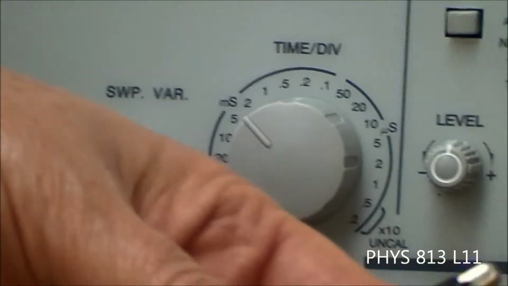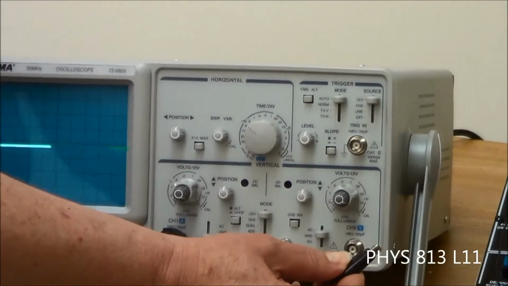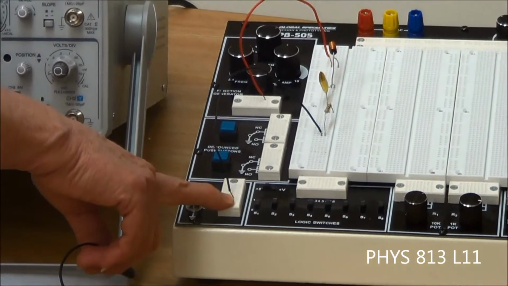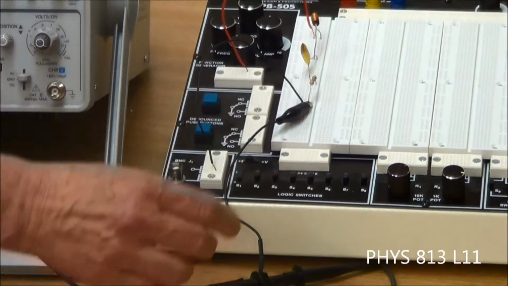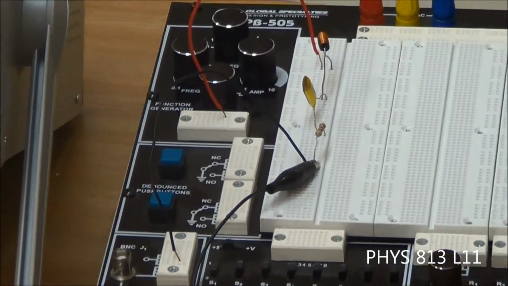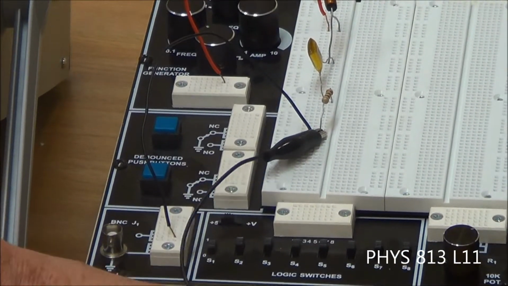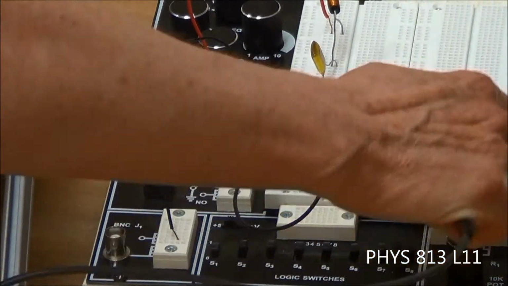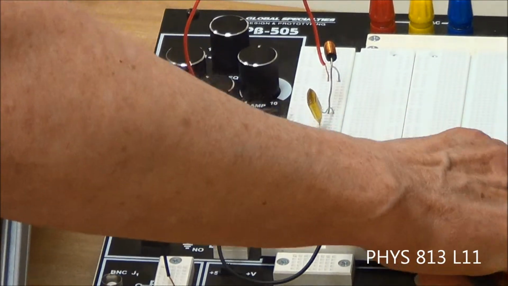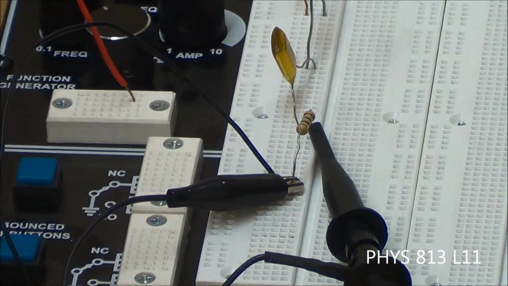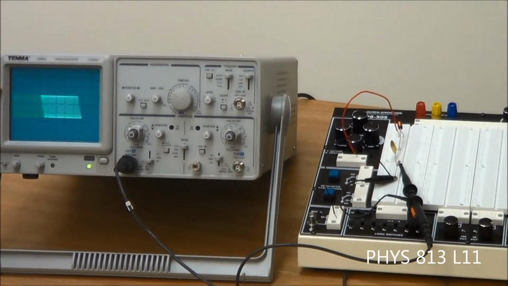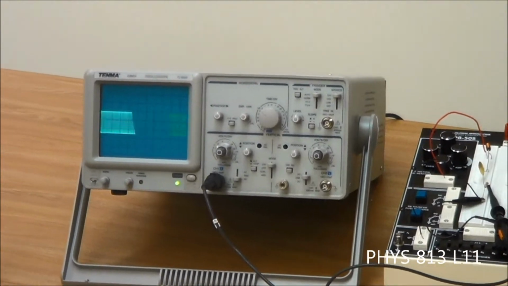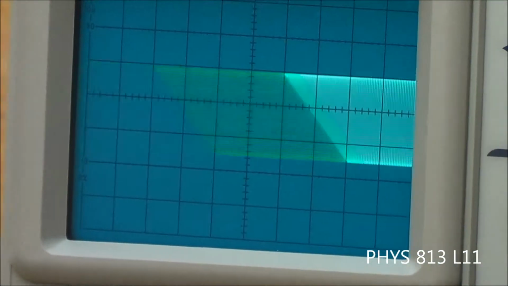Okay, so I'm going to hook back the probe. The alligator clip goes to the ground. You could put it here, but I'm deciding to put it up here so it's a little more obvious that we're measuring the voltage across the resistor. And then the hook goes on the other side of the resistor. So we have this. Now, you notice that we have just a green band there. We don't really see the actual waves.